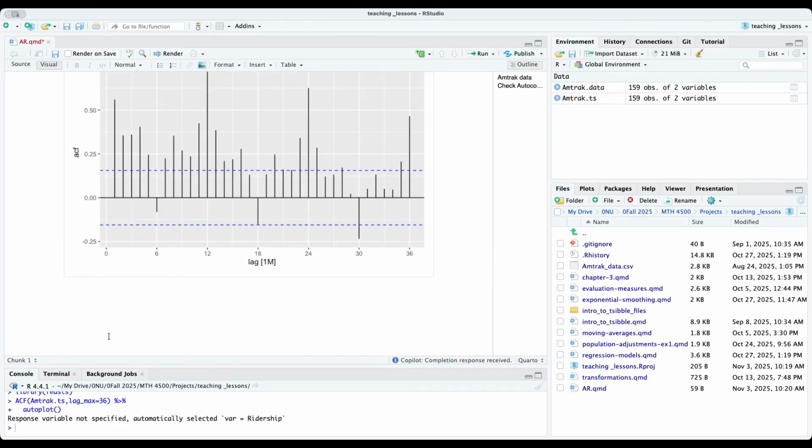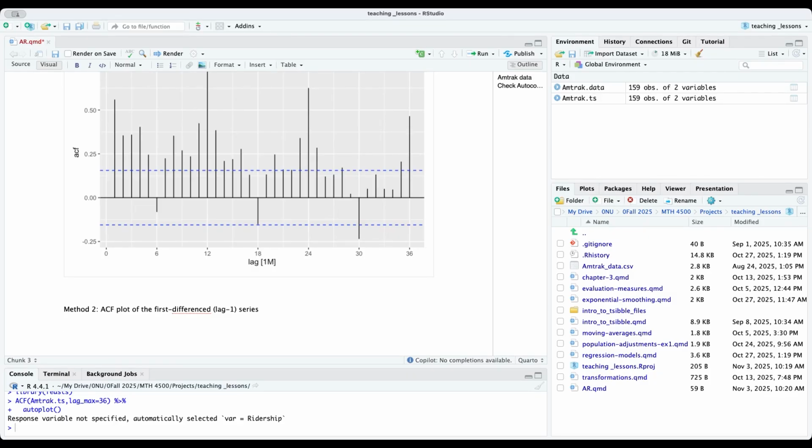Also, we can look at the other method, which is method 2. We can look at the ACF, the autocorrelation function plot of the first difference, which is the lag 1 series. This is finding the difference between the ridership and the previous values.